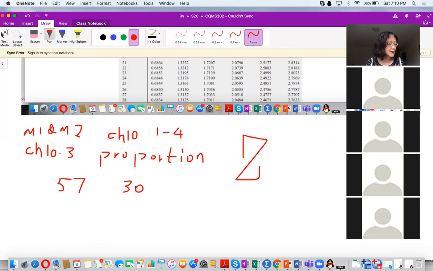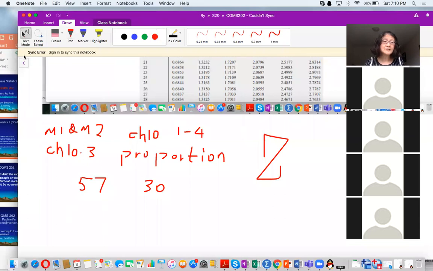And I ask you, construct, I'll type it up, okay? Construct a 99% confidence interval estimate for population proportion. That is the question. Section 3 of chapter 10.